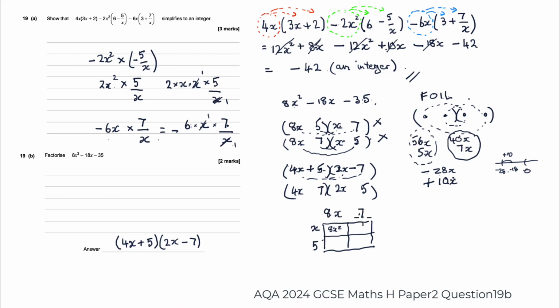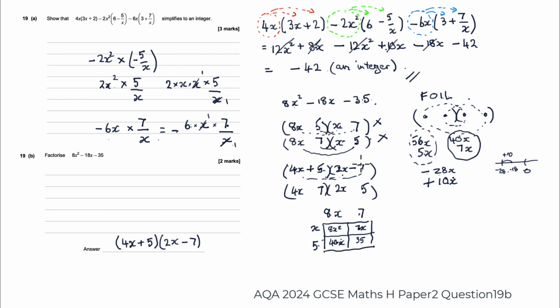The last two terms, 5 7's are 35. We don't bother about positives and negatives just now. 7x goes in there and 40x goes in there, and there's your inside and outside terms, these two diagonal ones, the 40x and the 7x, and it's clear from this that you cannot get the negative 18x.